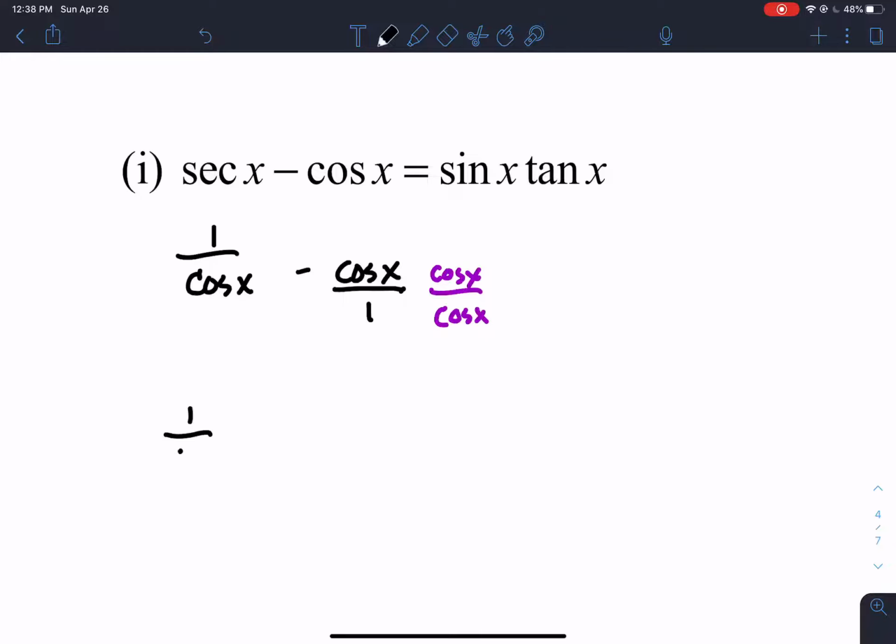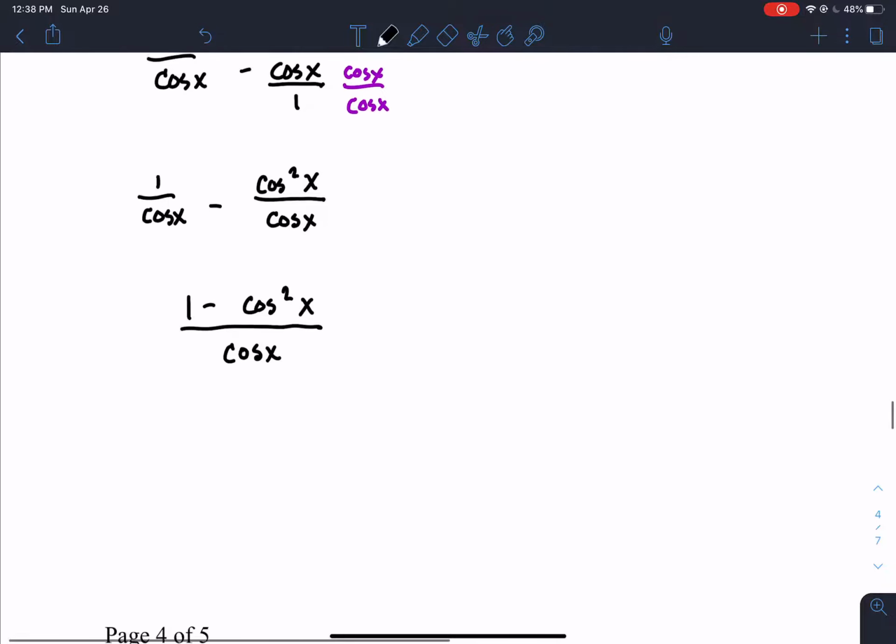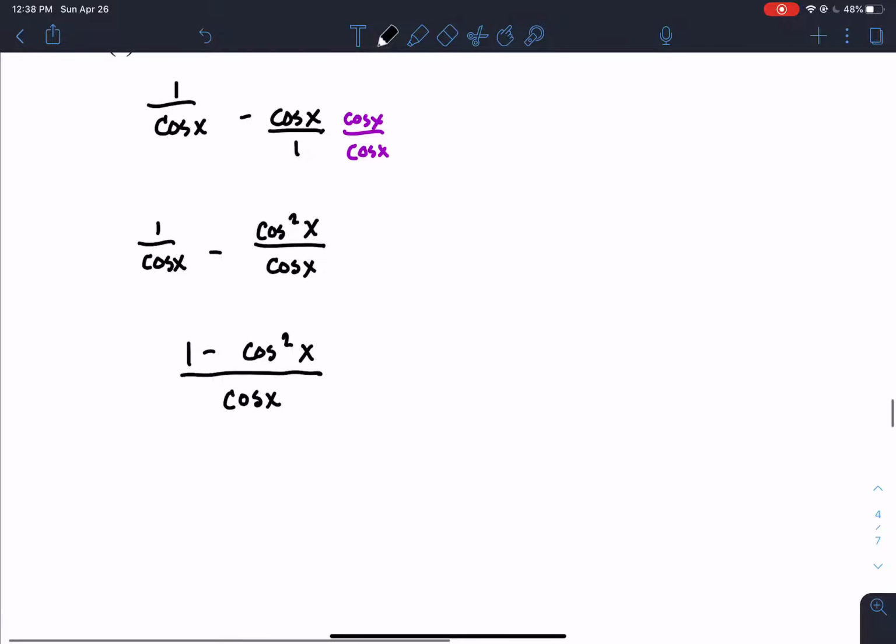So that's 1 over cosine minus cosine squared over cosine, right? So that's going to give me 1 minus cosine squared over cosine, okay? Now, what is 1 minus cosine squared? What is that going to become? So if you look at your Pythagorean identities, okay, 1 minus cosine squared changes into sine squared.